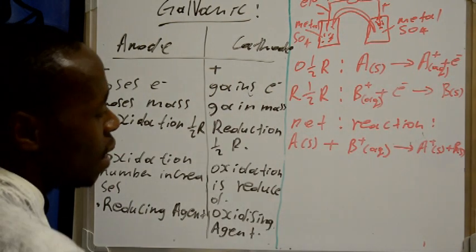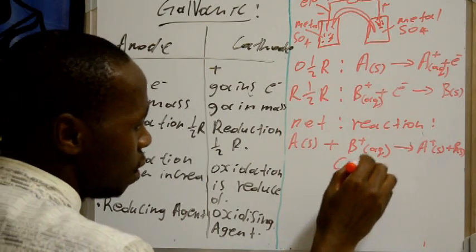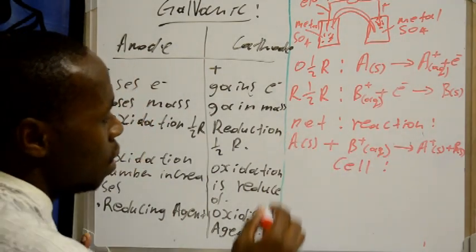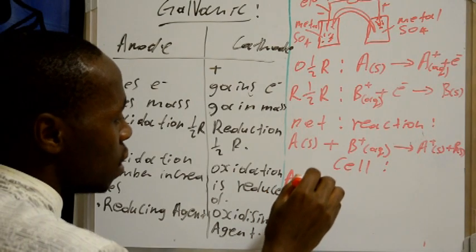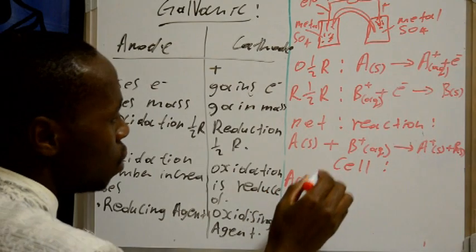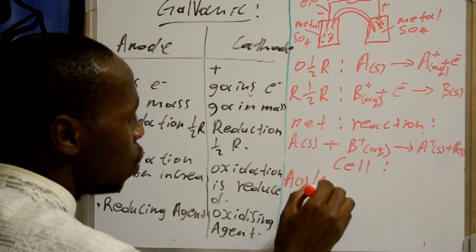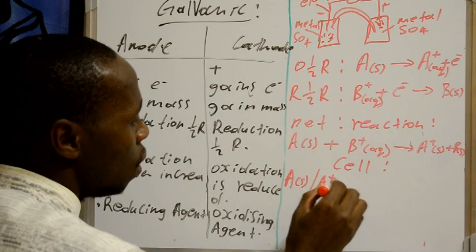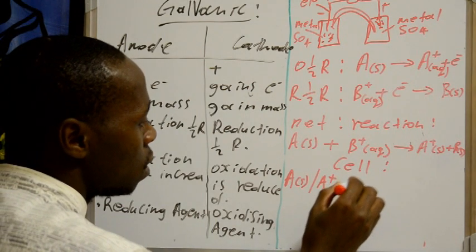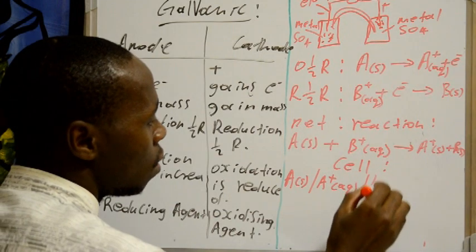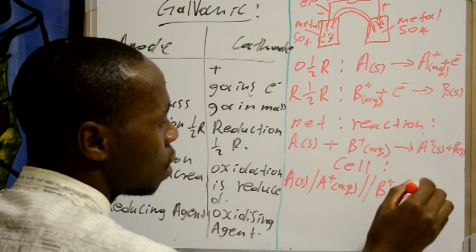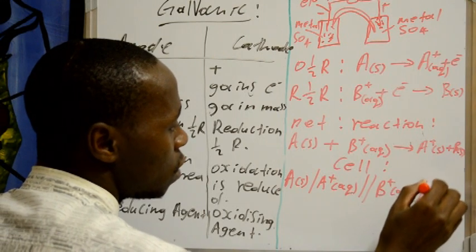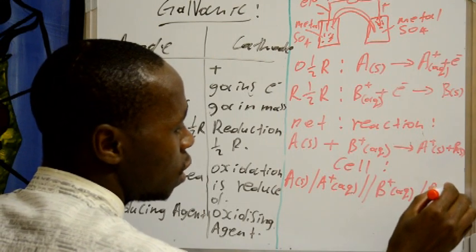They can also ask about cell notation. Cell notation is the same thing as this one, but here we include the electrodes: electrode, A aqueous solution, salt bridge, B aqueous solution, electrode.